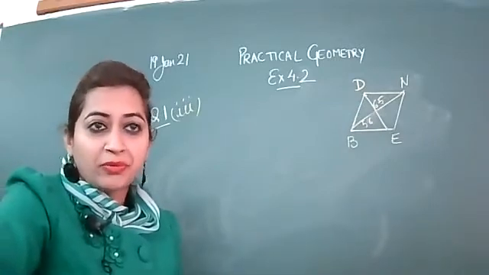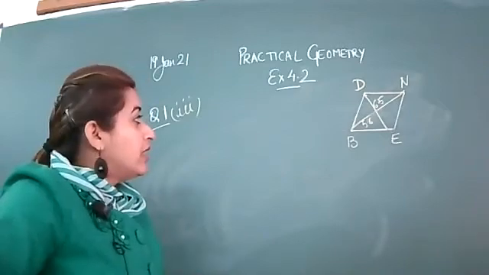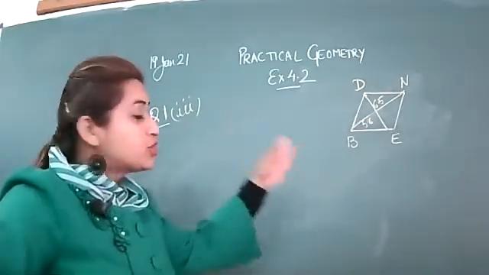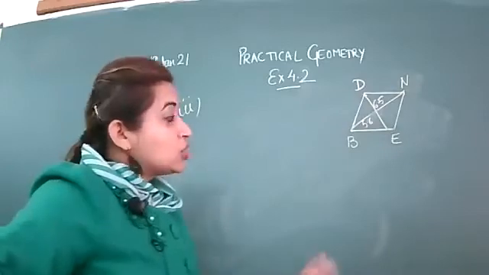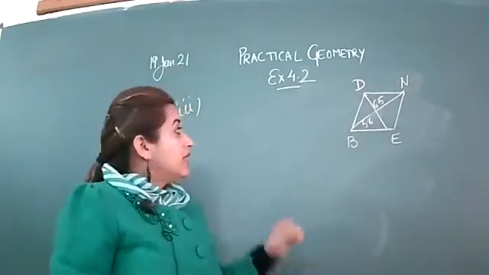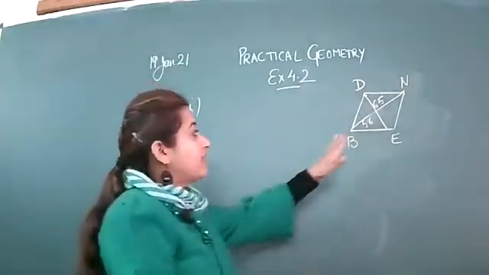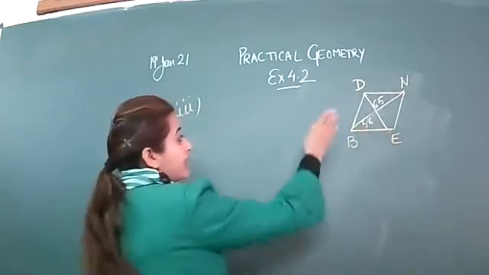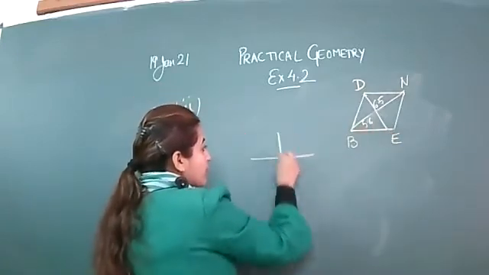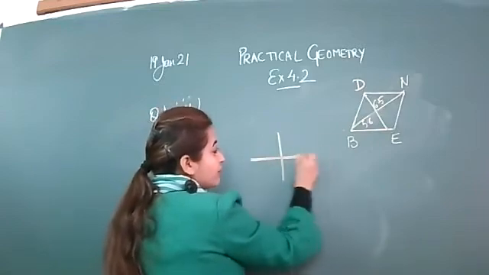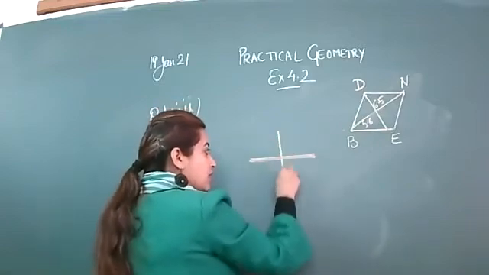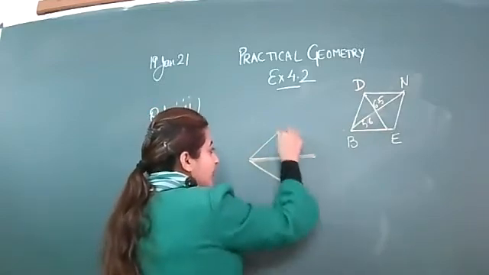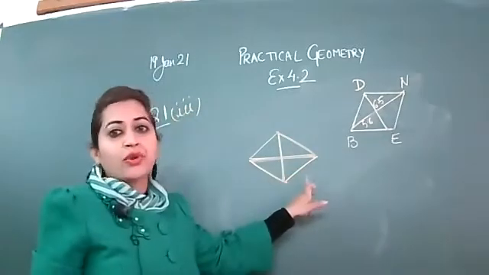All sides of the rhombus are equal, but side is not given, only 2 diagonals are given. So for this, keep one thing in your mind, that whenever diagonal is given, instead of this figure, your figure will be like this. This is your first base, that is diagonal, this is your another diagonal. Then you will join this, this will give you a rhombus.